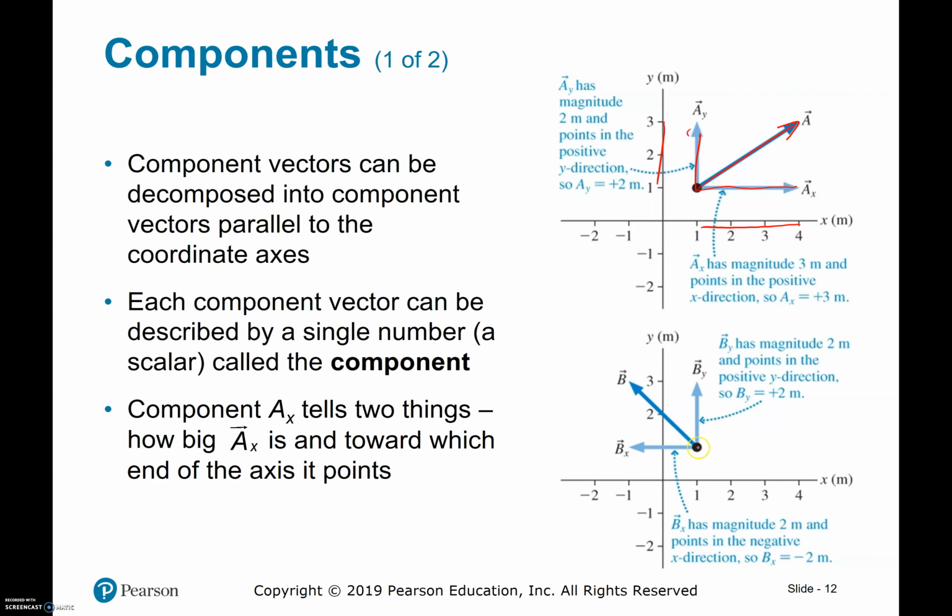Here you have B, and B can be broken into this component and this component. This has a magnitude of 2 and this has a magnitude of 2, but this points in the negative direction. So this component is minus 2. So this component is 2 and this is minus 2. Although this doesn't mean that this has a negative magnitude, it means that this component points in the negative direction of the x-axis.